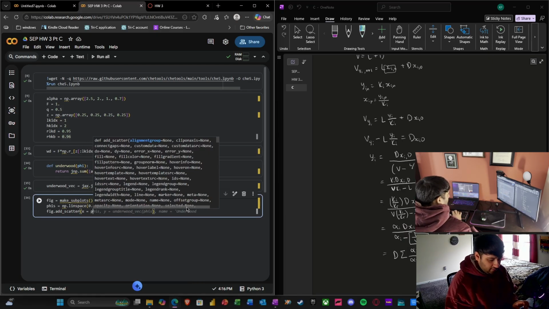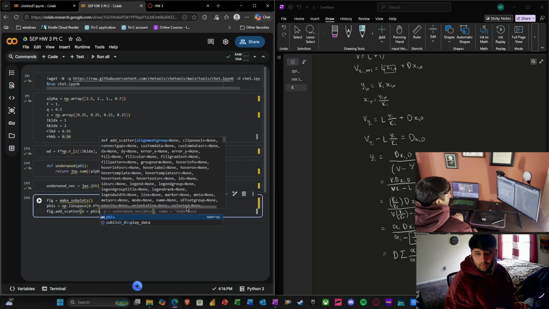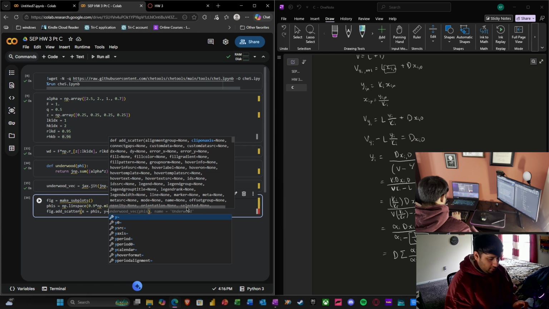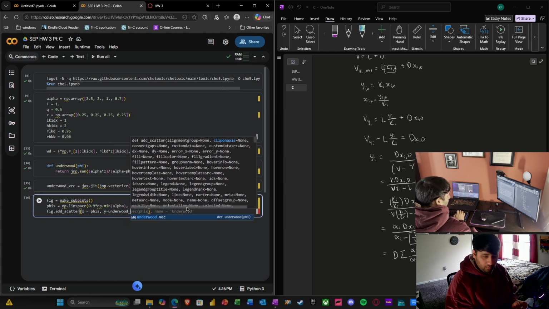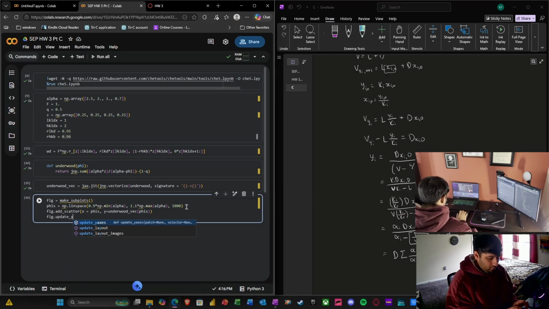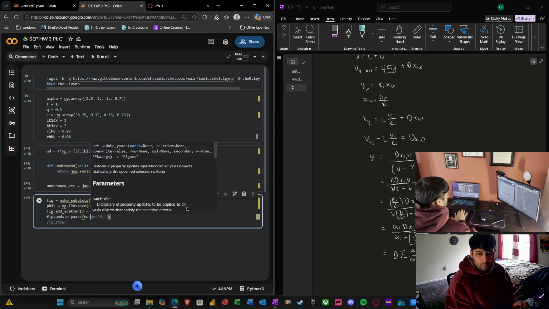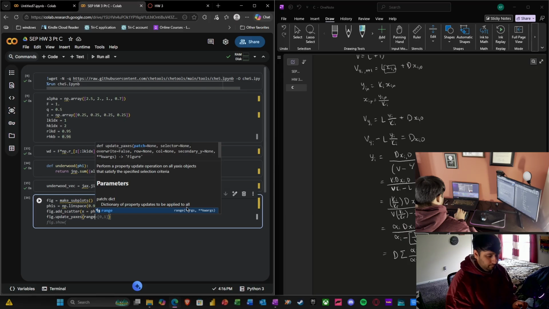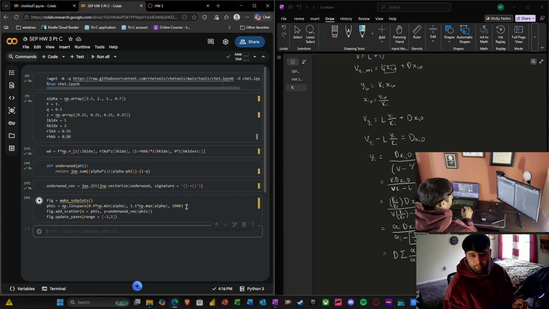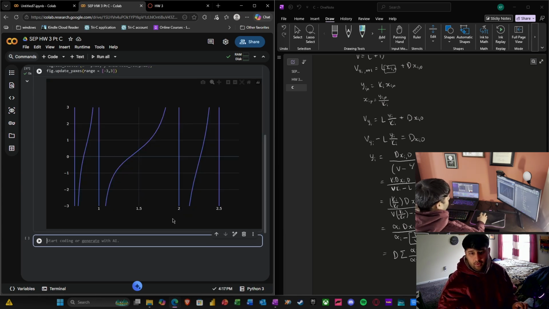Our x is going to be our phi's, and it's just Underwood underscore vec of our phi's, and then we're going to update our y axes and make the range equal -3 to 3. Okay, there we go.